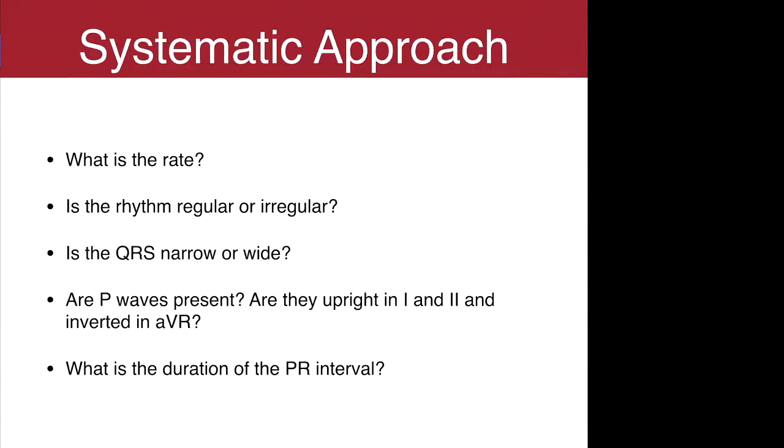The main thing is, don't get hung up. I know on these test questions, it's hard for PA students not to get hung up on is it 55 or is it 57? But honestly, when you look at enough of these, you'll know if it looks slow, normal, or fast. And that's what we're looking at anyway.